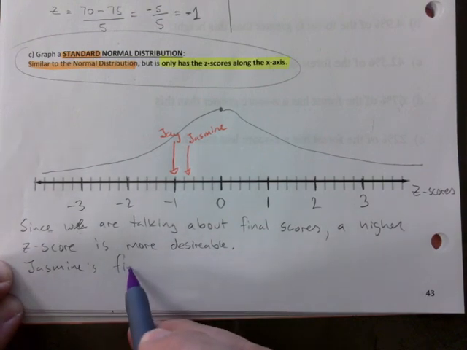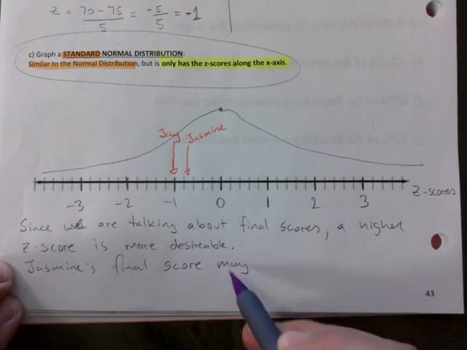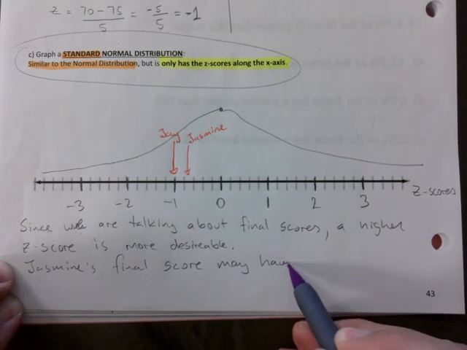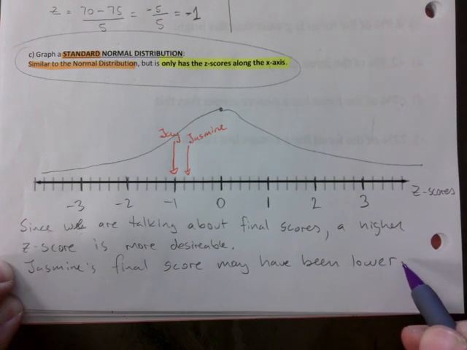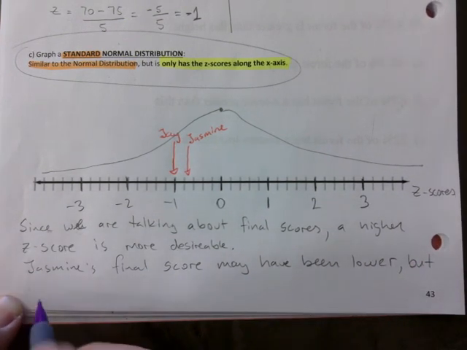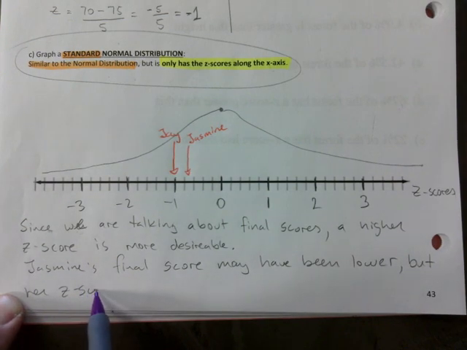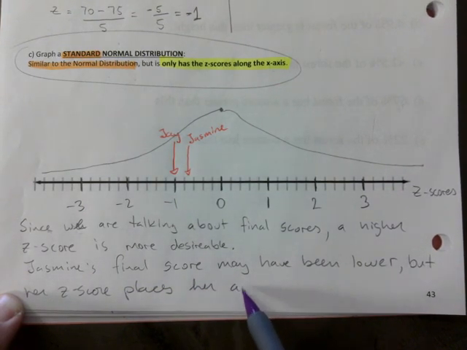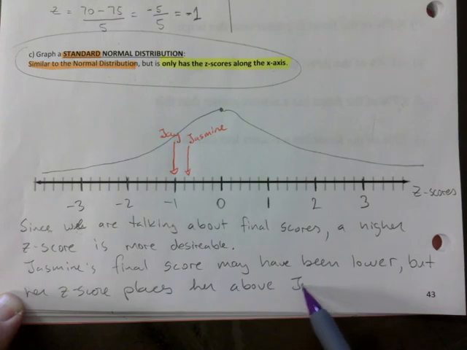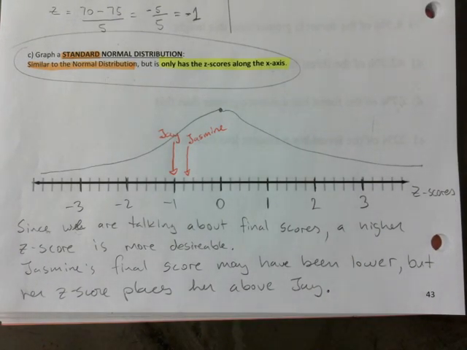Jasmine's final score may have been lower, but her z-score places her above J. So it has to do with the average.